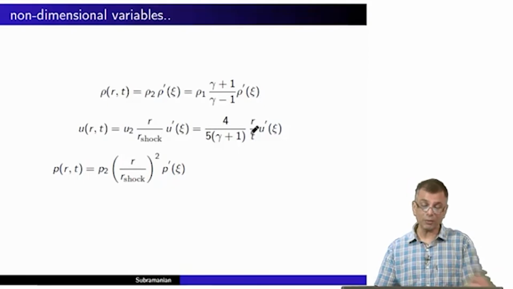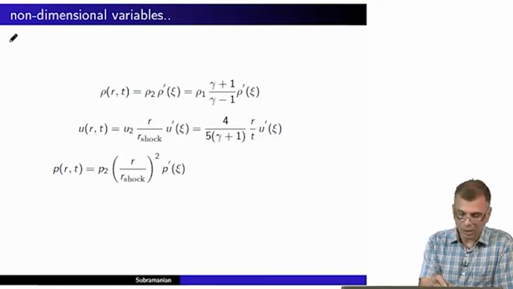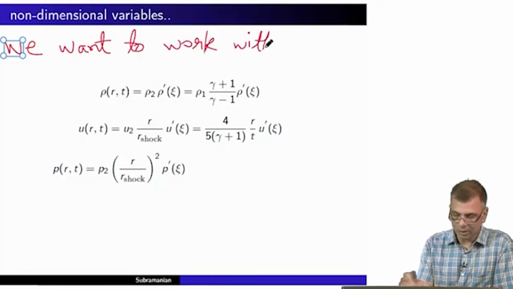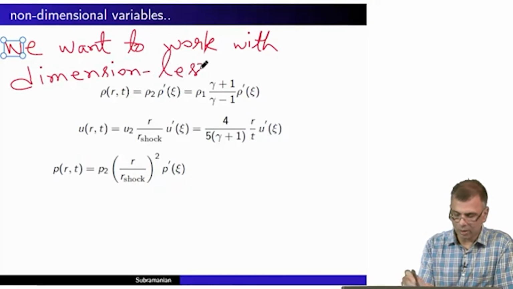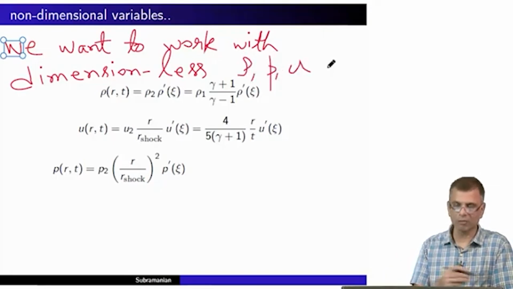The reason we are doing all this is because we want to work with dimensionless variables such as rho, p, u, and so on from now on.